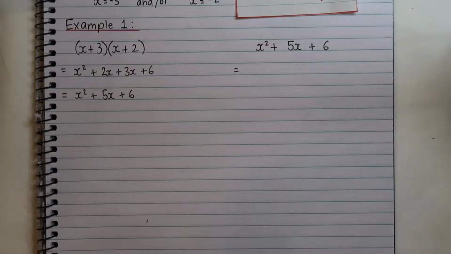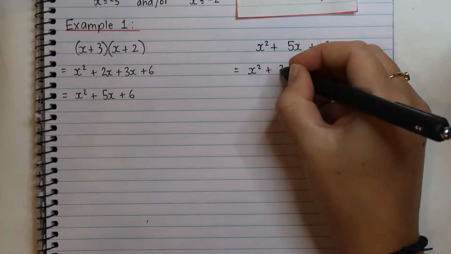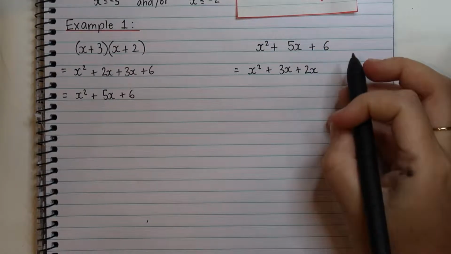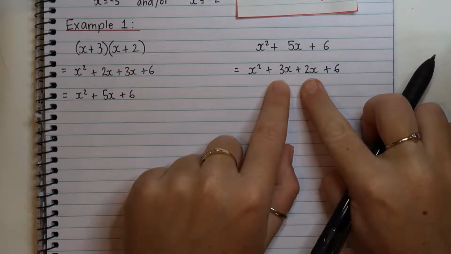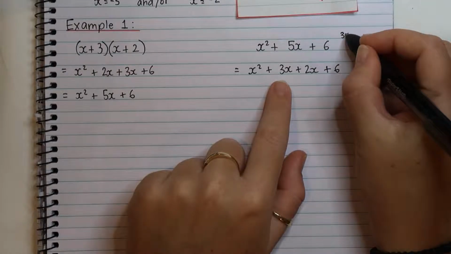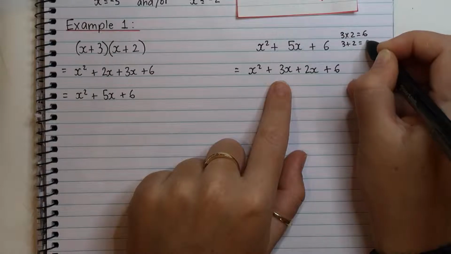You will learn with practice to find these simply by inspection. Using the two numbers which add to give 5, we split the 5x term into 3x plus 2x. These numbers come from the factors of 6, so 3 times 2 equals 6 and 3 plus 2 equals 5.